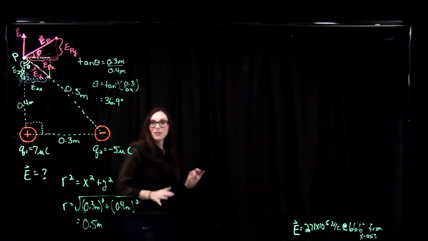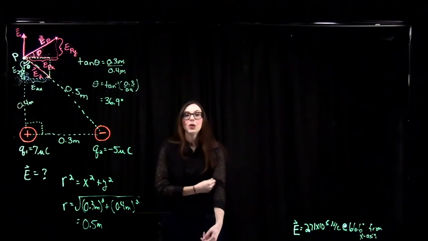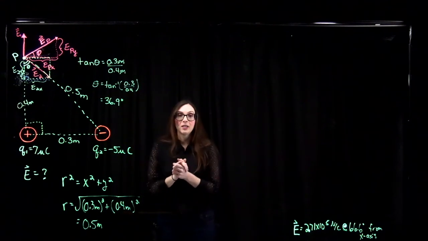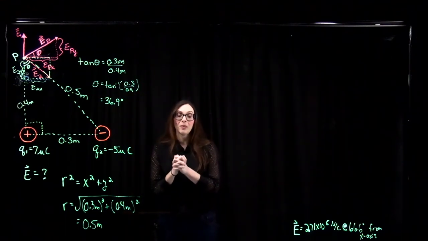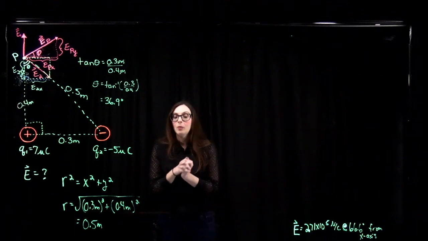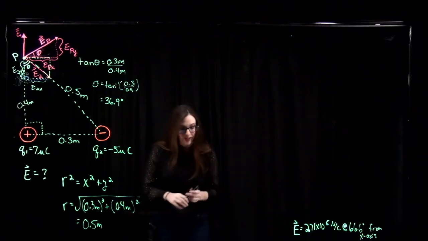We had to do all of that work. There was a lot of work in this problem because the electric field is a vector, but the electric potential is a scalar. So we care about the magnitude, but we don't care about the direction, and that makes our lives a whole lot easier.